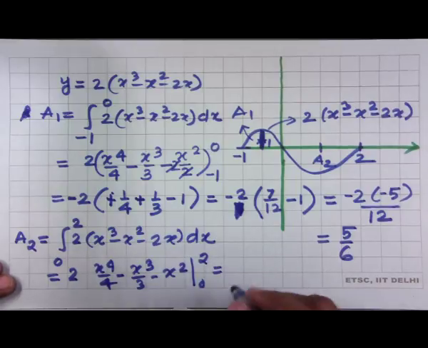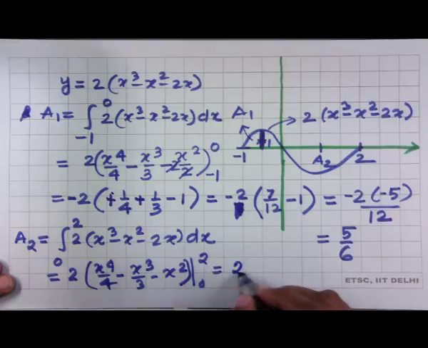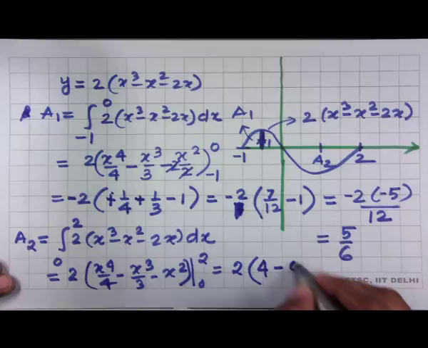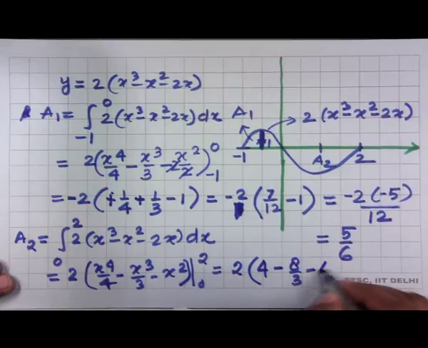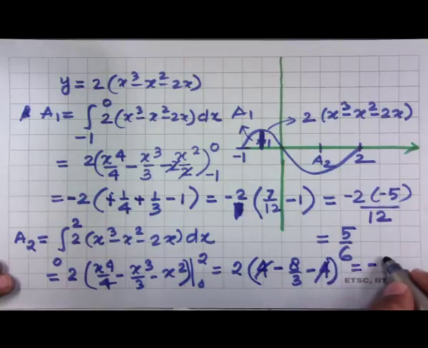At 0 it will be 0. So, the value that we will get is 2 times 16 by 4 is 4, minus 8 by 3 minus 4. So, we get minus 16 by 3.